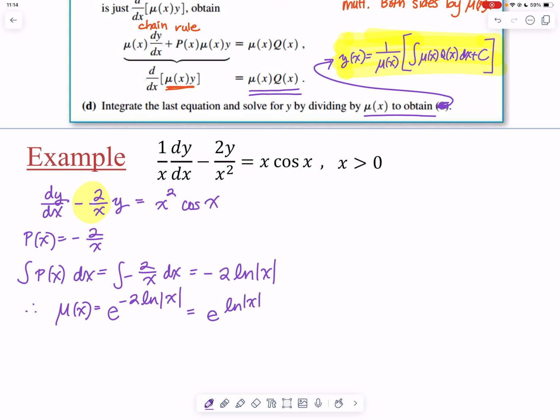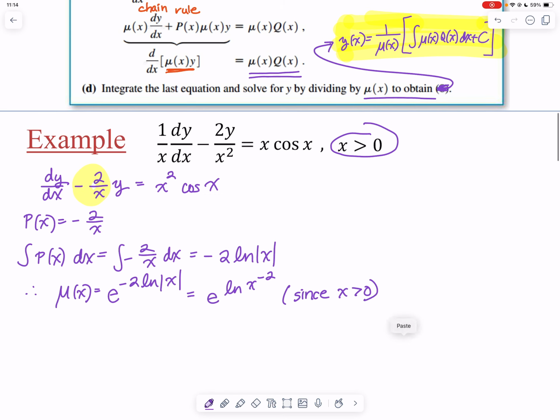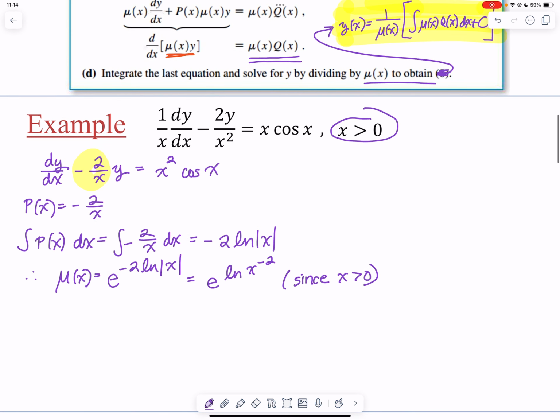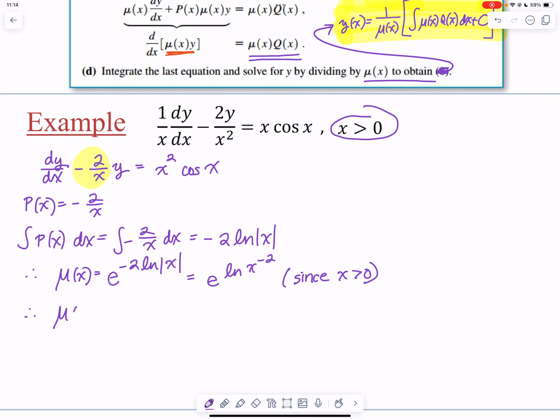And since x is positive, we can go ahead and take those absolute values off and just write that negative 2 there. And let me go ahead and write since x is greater than 0. So now that is our mu of x. Therefore, mu of x is equal to x to the negative 2.